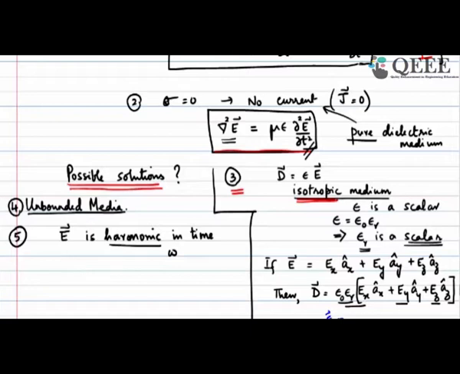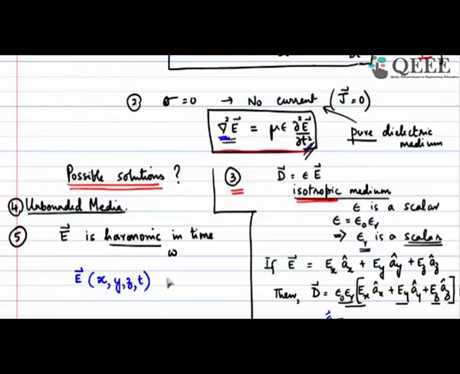and because it is harmonic in time, I can represent this E field as, remember this is a vector function that is a function of position and a function of time. The E field has dependence on position and dependence on time.